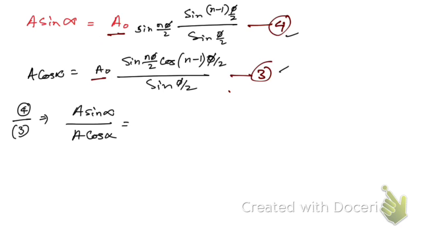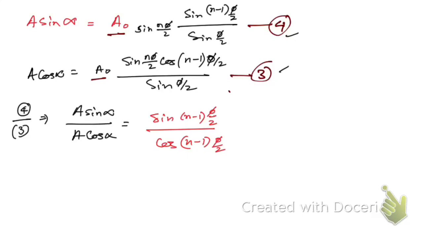Then remaining terms, that's gonna be only sine n minus 1 phi by 2, then cos n minus 1 phi by 2.